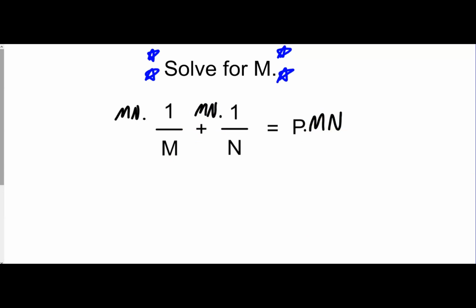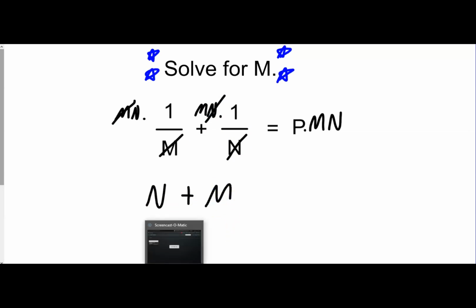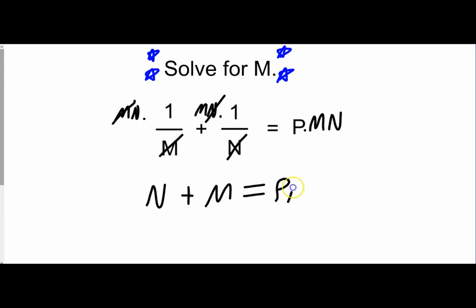And again, we're multiplying because we are clearing the fraction. So what does that leave me with there? N. The n cancel out. What does that leave me with there? M. And over here, nothing cancels out. So you got P, M, N. So we cleared the fraction.